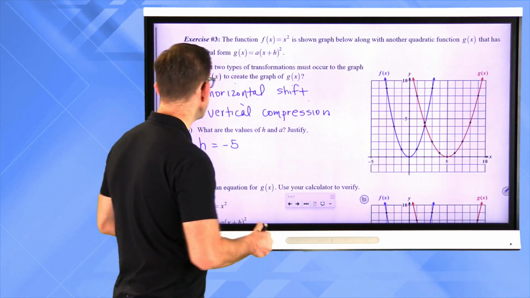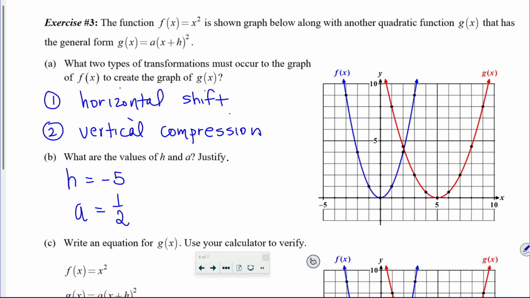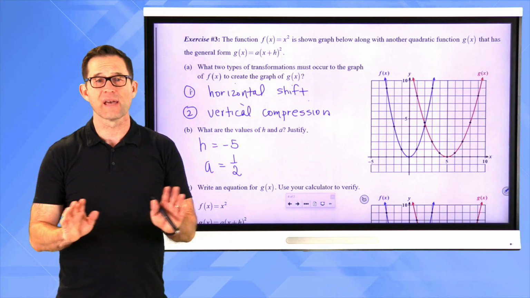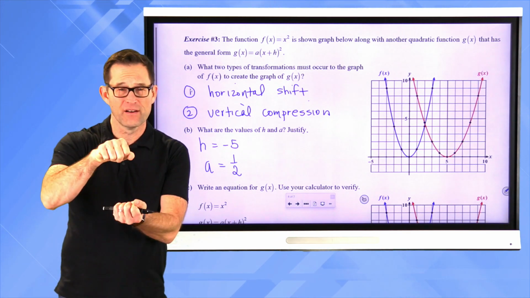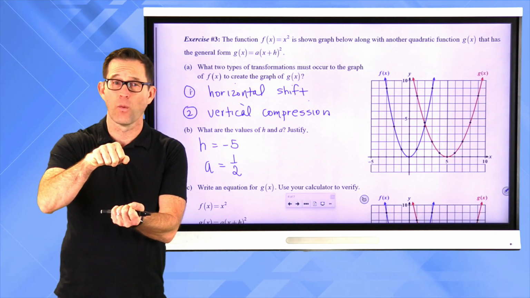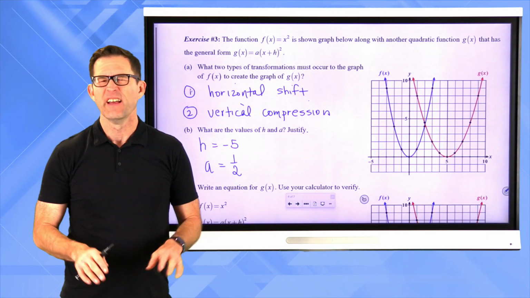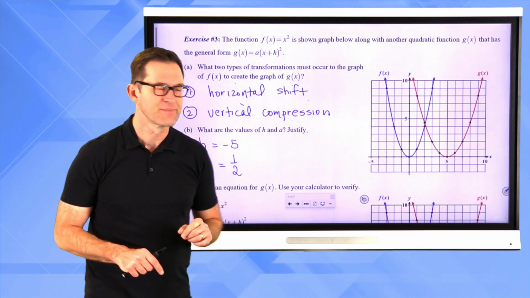So what clearly is the case here is that my vertical compression is by a factor of 1/2. Remember, vertical stretching and compressing works exactly the way you want it to. In other words, if I vertically compress the thing by a factor of 1/2, then the a value is 1/2. It's those horizontal ones that are kind of counterintuitive like that. Okay.